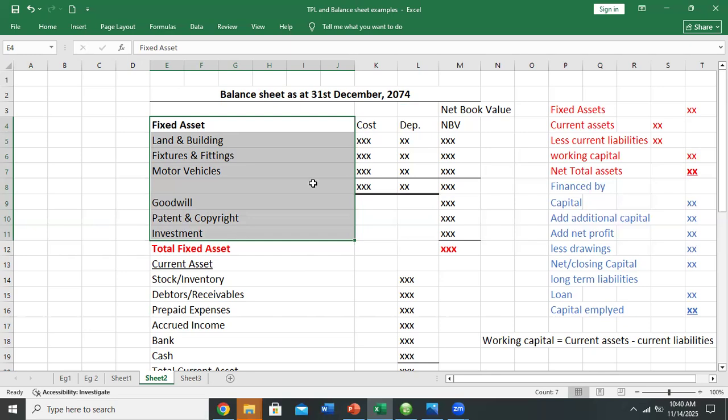But look at something here. Our fixed assets, if you have a building, a vehicle, whatever, they depreciate. And what does it mean? Depreciation means their value would fall or reduce. If you buy a car today, because you'll be using it, in 2 years' time the value will fall. It gets rusty; if it's a building, you see cracks and the paint wearing off.